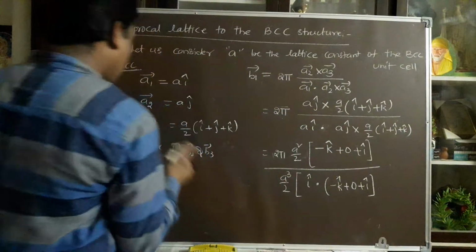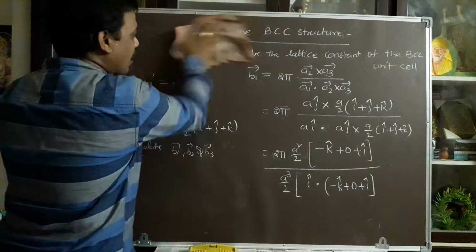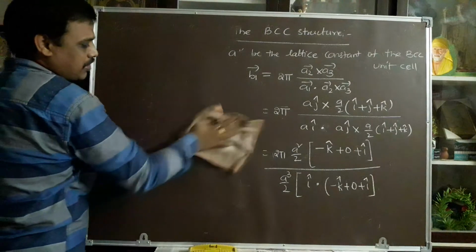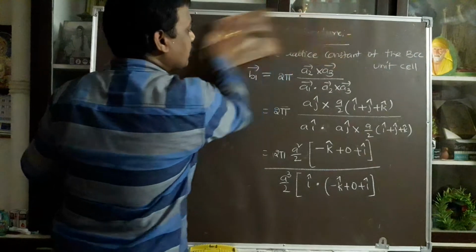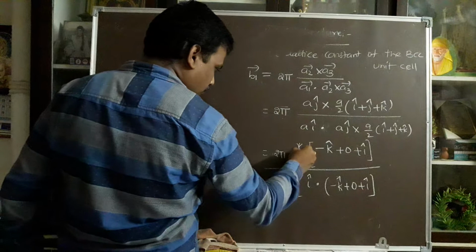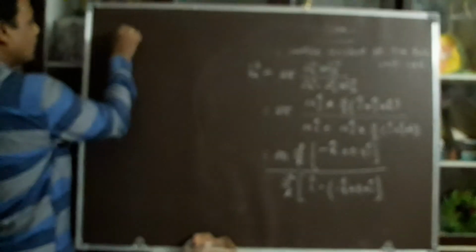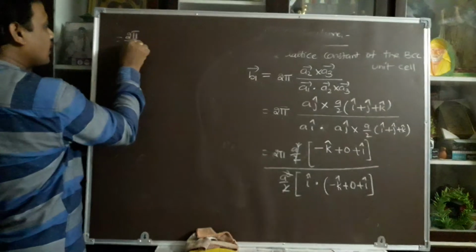After that you can go through the calculation. In the numerator a square by 2 is there, and in the denominator a square by 2 is also there, so they cancel. You get 2 pi by a.